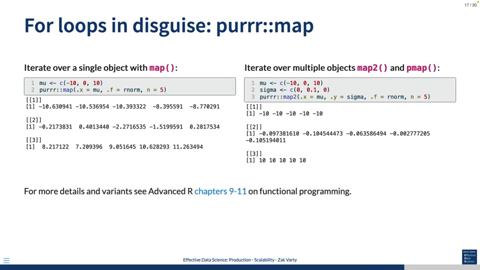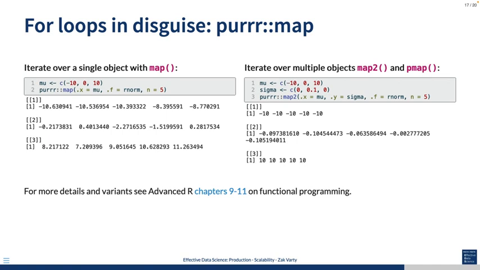Another disguise that for loops sometimes wear is the map function from purrr. The purrr package provides lots of functions for iterating over list-like objects, each with a slightly different naming convention depending on the form of the input and the form of the output.